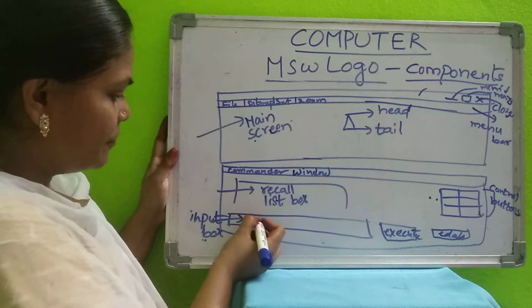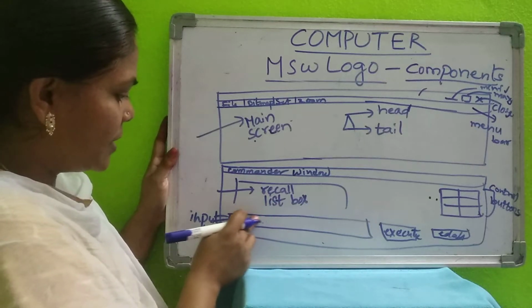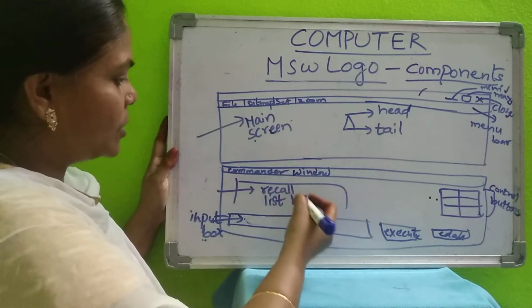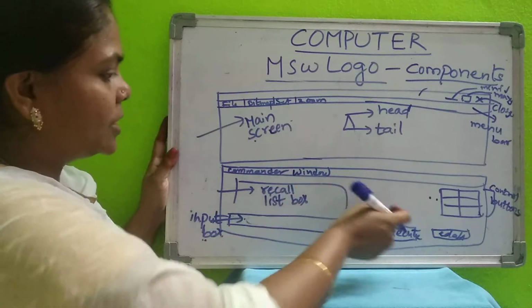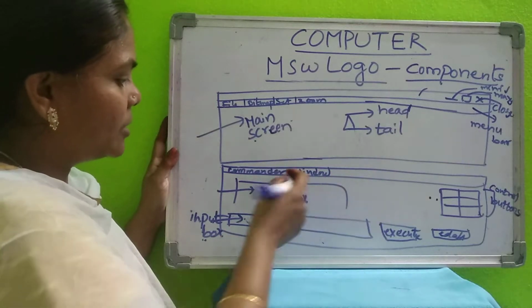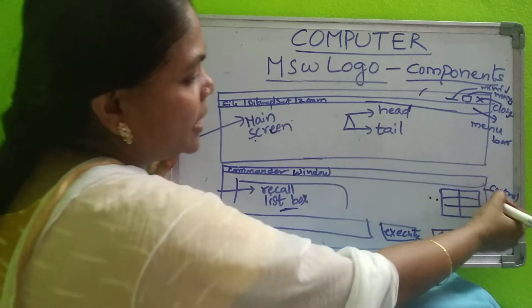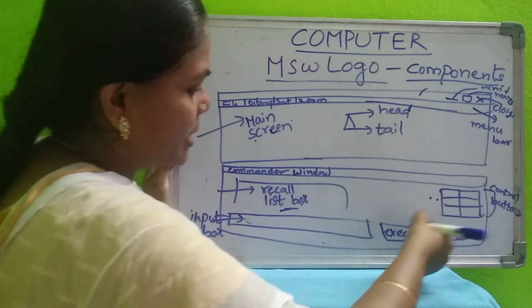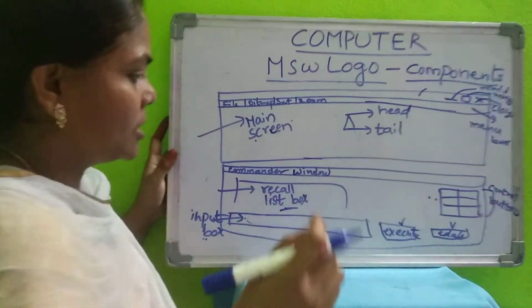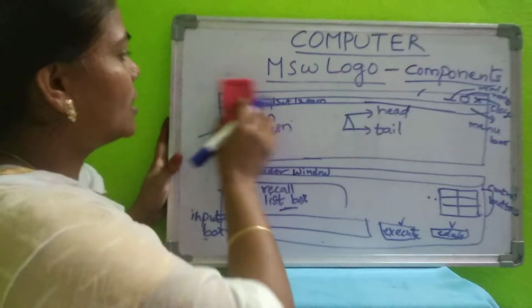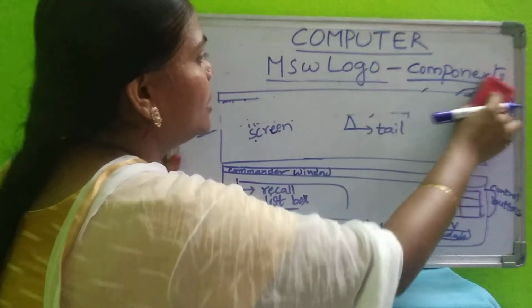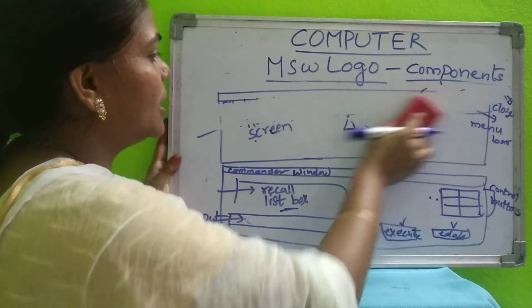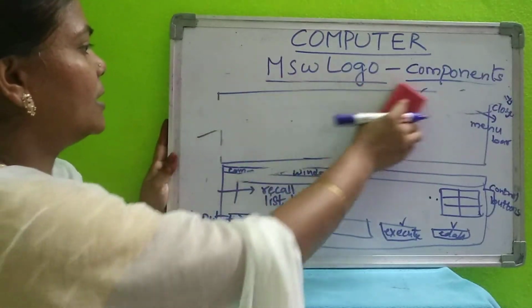Whatever commands you execute will be displayed in the recall list box. Here we have different control buttons, and the execute and EDR buttons also. So these are the components of MSW logo. How many parts in a turtle? 2 parts, head and tail.